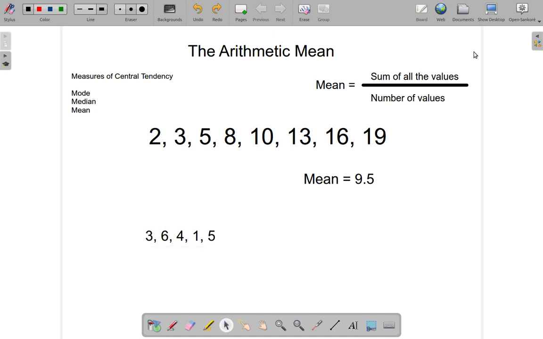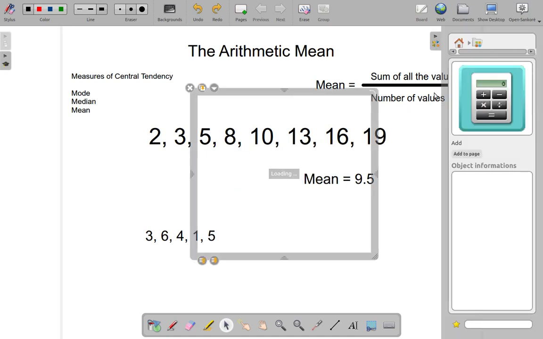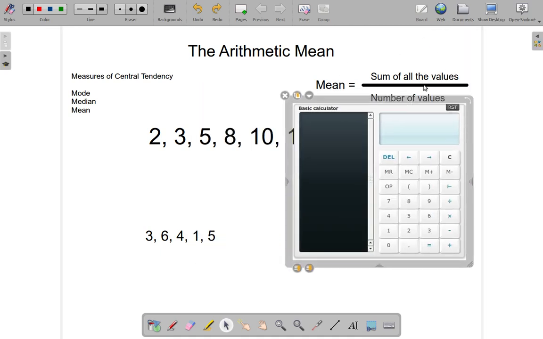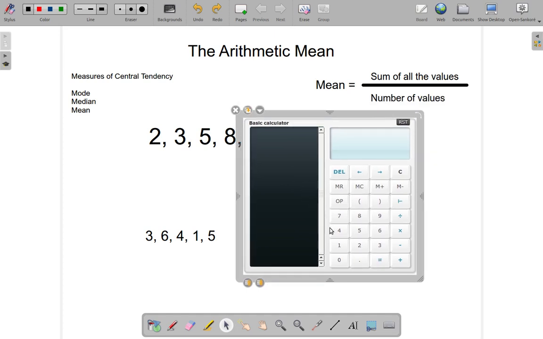For the arithmetic mean, you calculate it using this formula, and you say 3 plus 6 plus 4 plus 1 plus 5 equals 19, and there are 5 values here, so you say 19 over 5, you get 3.8.